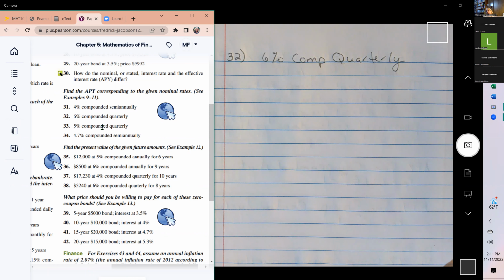Now the percent should be close, but it should be higher. So you should be getting an answer that's a little over 6%. Once you round it to the 100th, what are we getting? Go ahead and type it into the chat.